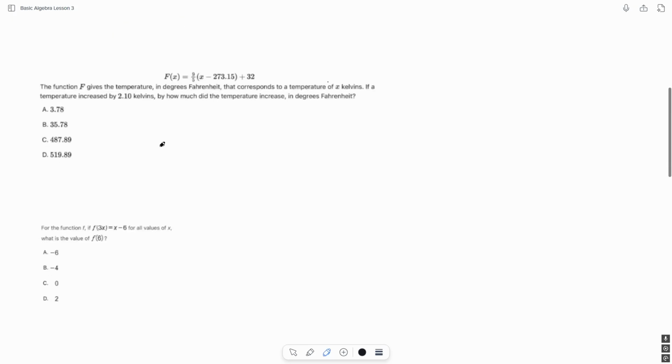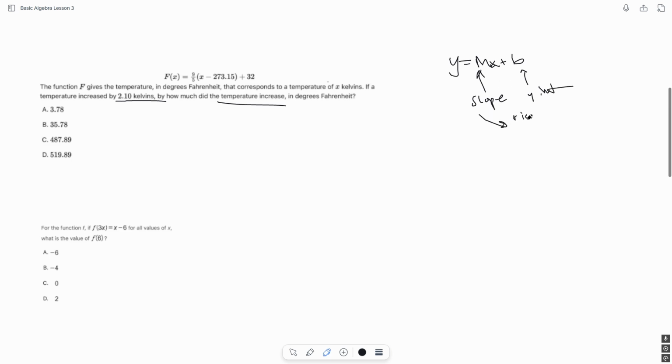We'll move on to the next one, which is the function f gives the temperature of this. If the temperature increased by 2.10 kelvins, how much did the temperature increase? So, as previously said in the other video, y equals mx plus b is going to be something very important that you need to know, where m is the slope, b is the y-intercept, and then you have your x and y.